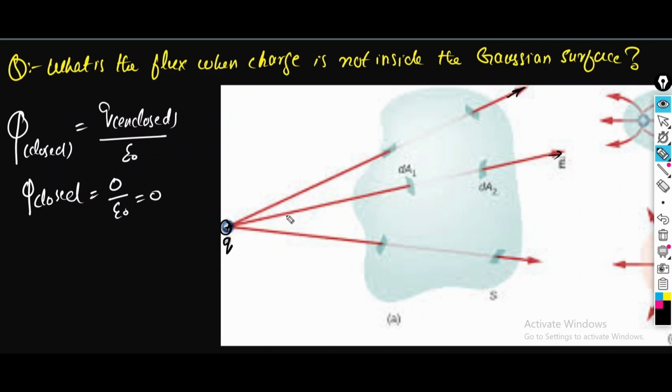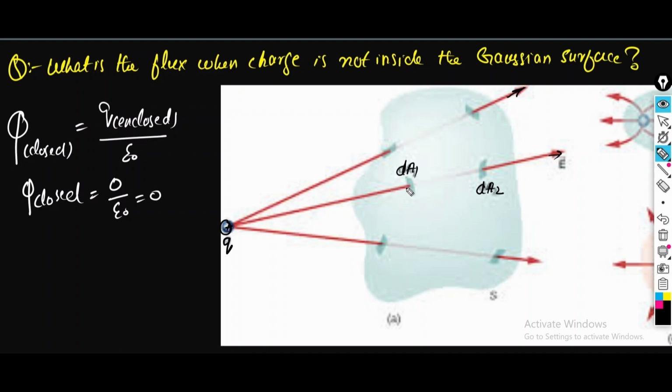Similarly, this electric field line is coming out from the Gaussian surface with the area dA2, and enters with the area dA1.